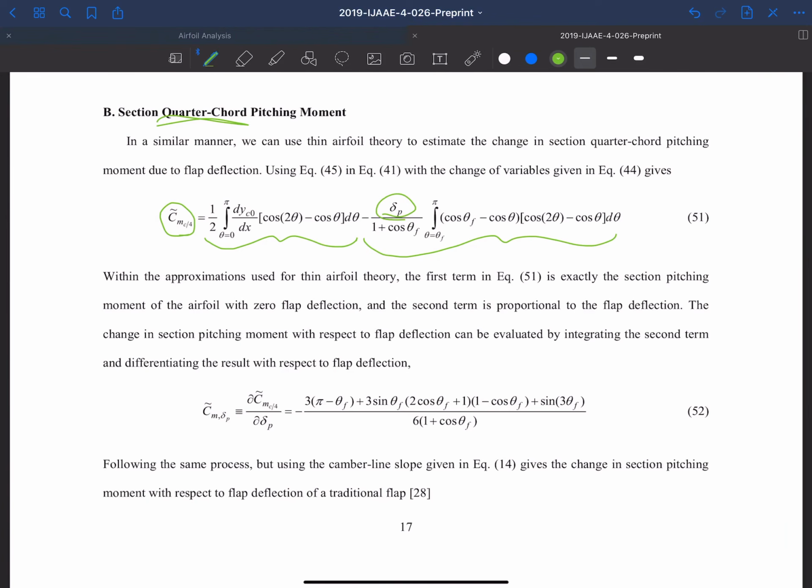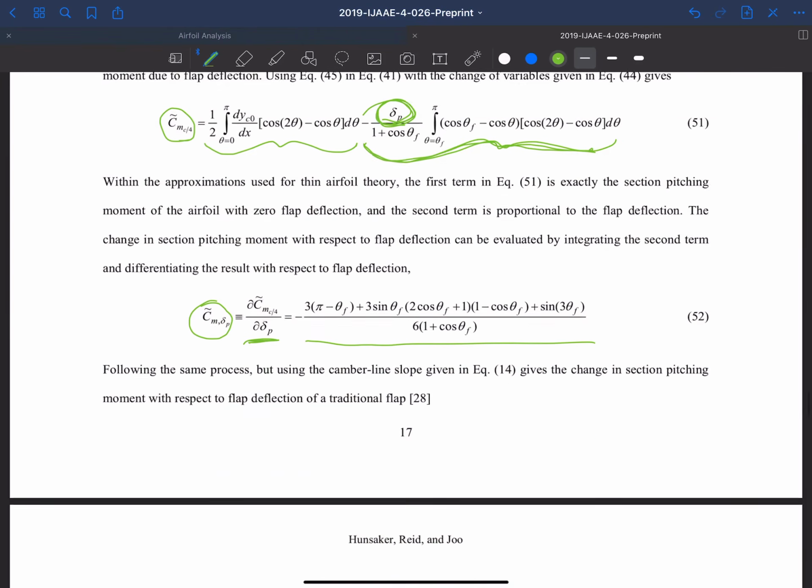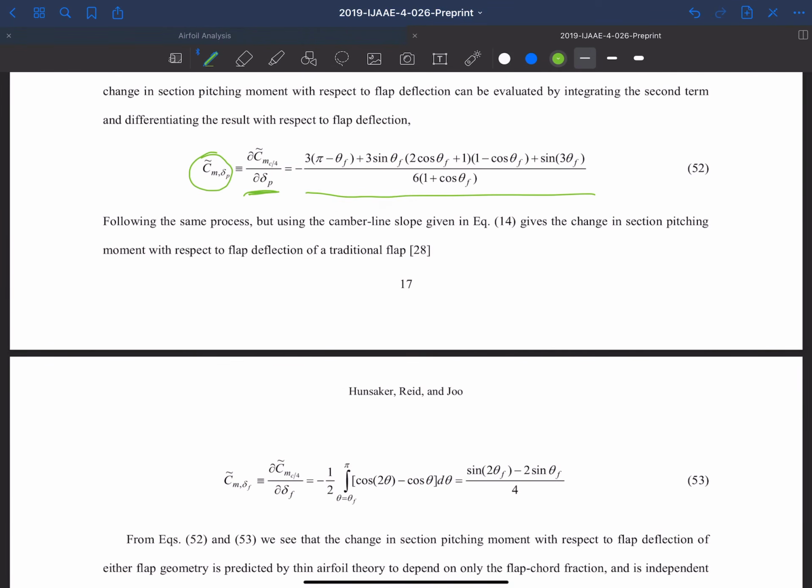So we can integrate this second term analytically and get the change in pitching moment about the quarter chord with respect to flap deflection, and this is what we get here. That's the equation. And again, from thin airfoil theory, we can look at a traditional flap. Remember the little f here means a traditional flap, and the p up here, the delta p, means a parabolic flap.